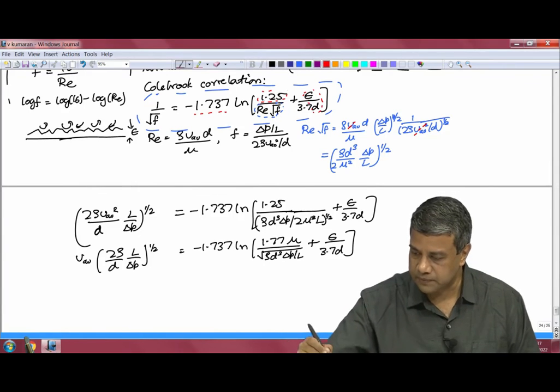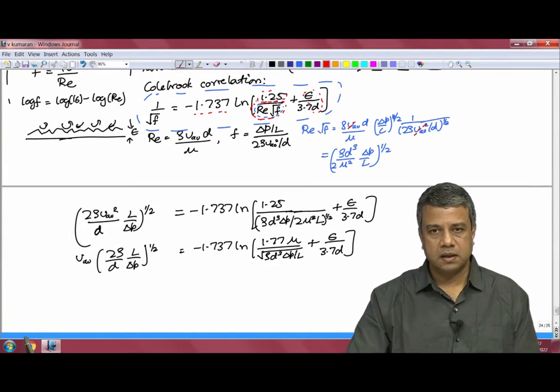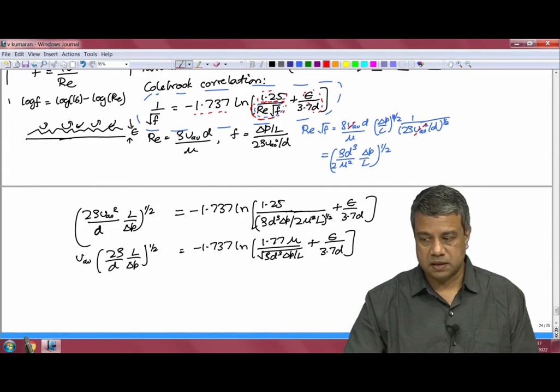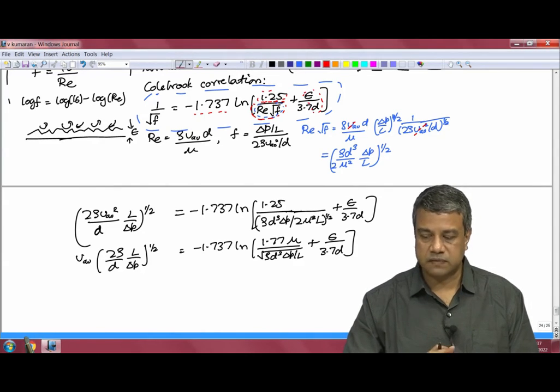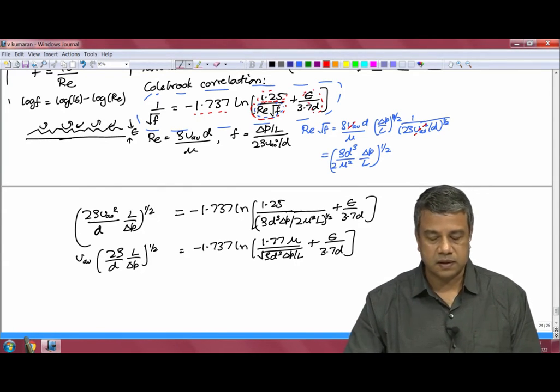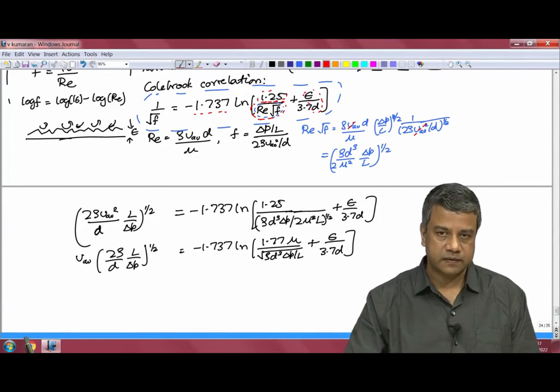So, this term is proportional to 1 over the Reynolds number. So, as the Reynolds number becomes larger and larger, the roughness of the pipe will become more important, and the friction factor will depend mostly on the roughness of the pipe rather than on the Reynolds number.